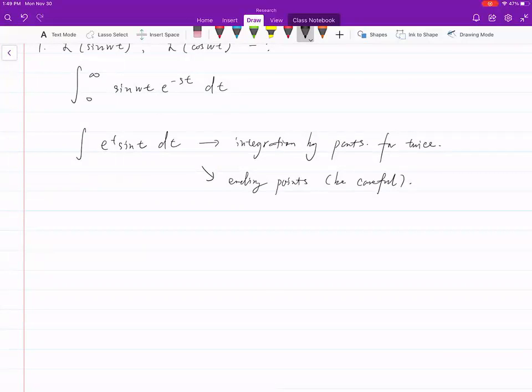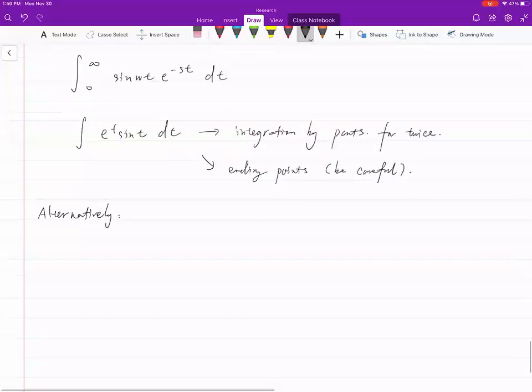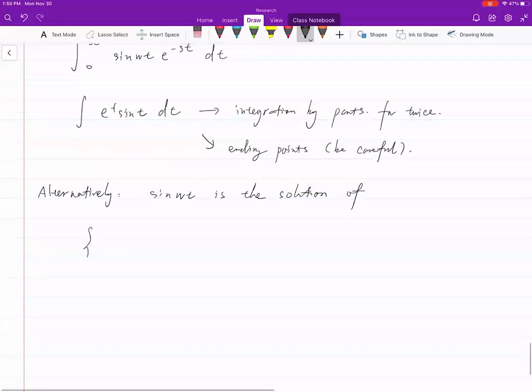So what we instead want to do is solve it in an alternative way. We know sine omega t is the solution of this: y double prime plus omega square y equals 0.